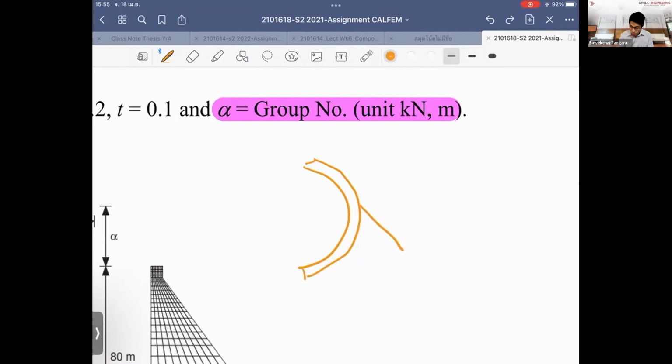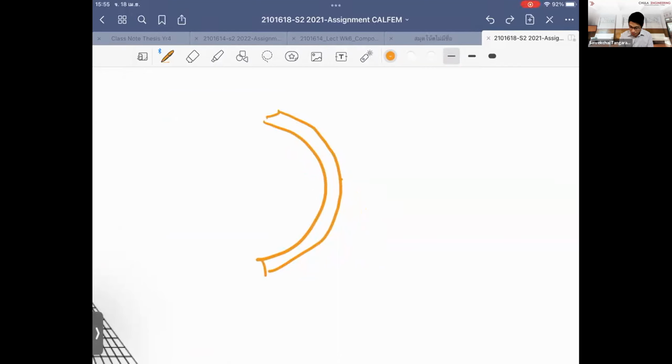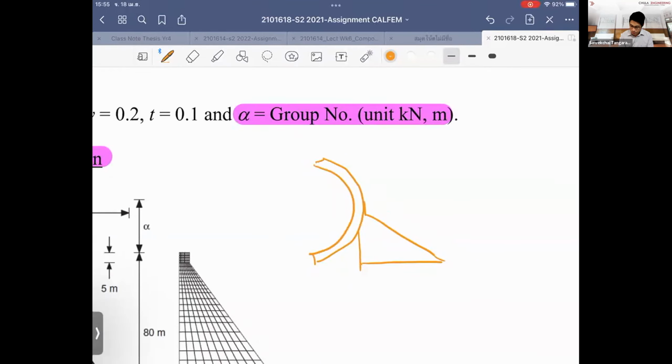I try to draw them well, but please bear with me.